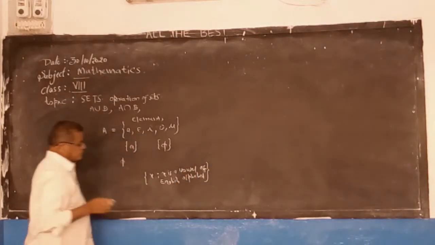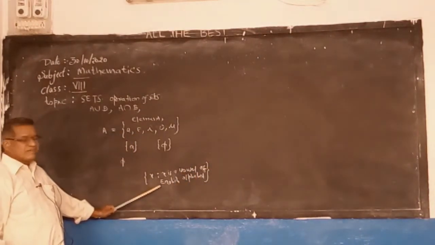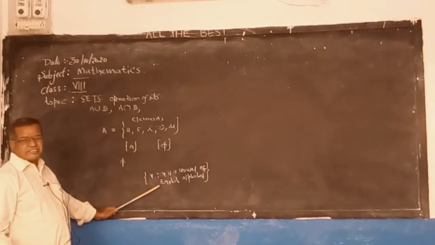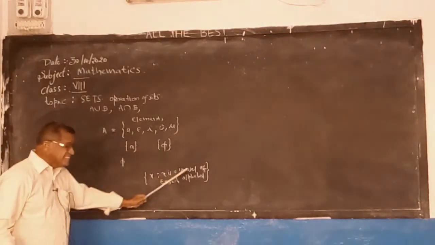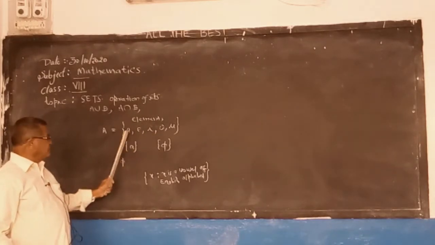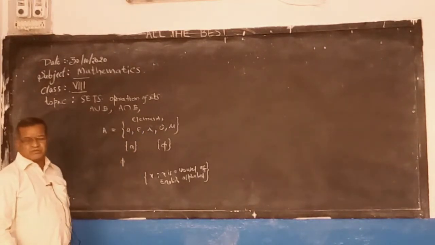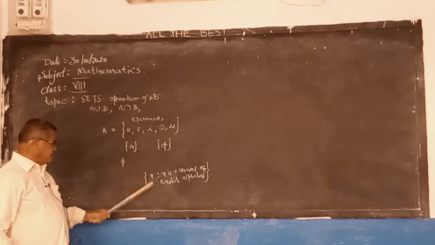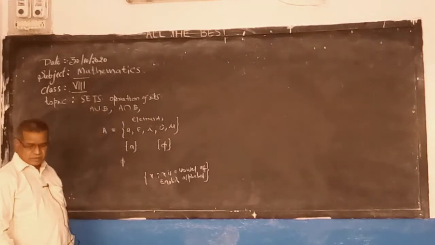This is the way of writing set-builder form. In set-builder form, we won't see the elements, but we know the rule. That is the set-builder form.